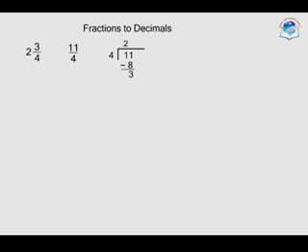No. We proceed, but because there is nothing to drop, we put a decimal point here and add 0 here. So we have 30. 4 goes into 30 7 times because of 28. We subtract and get 2. We add another 0, but we do not put a decimal. 4 goes into 20 5 times, and so we have 2.75.